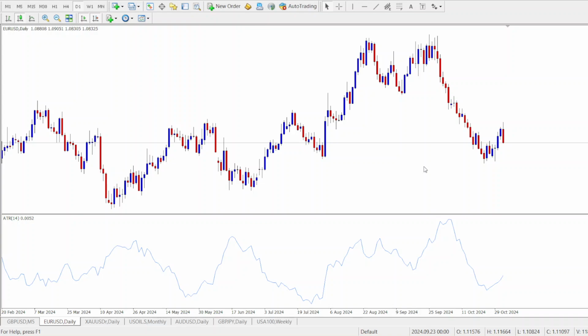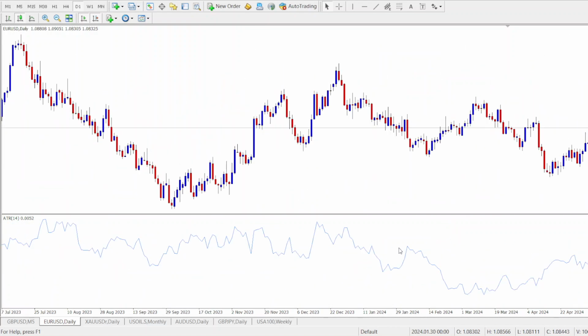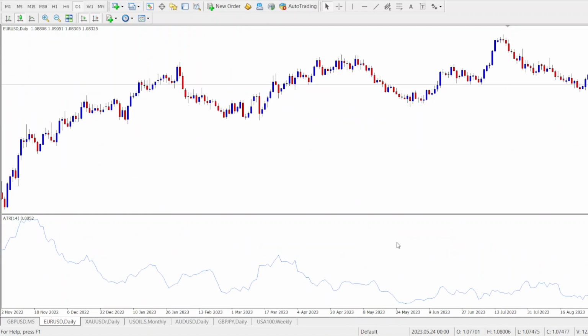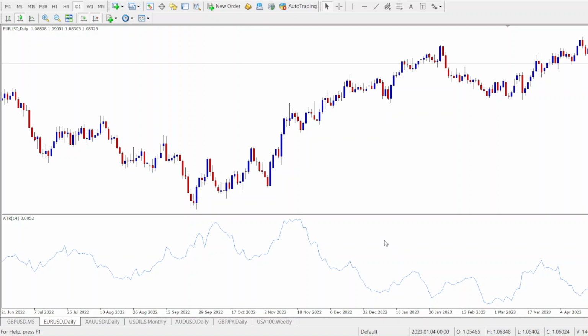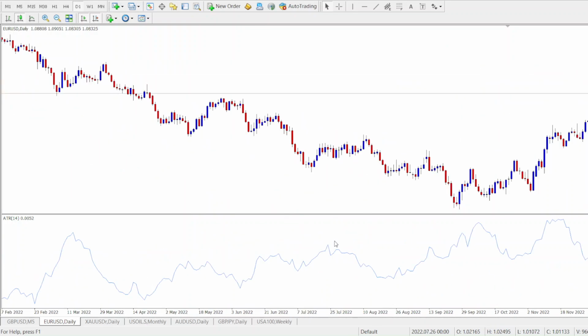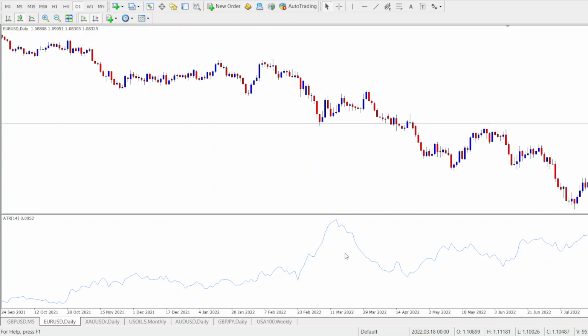Using ATR can help you set stop loss levels and plan your trades with more accuracy. Basically, you want to be looking out for how high this ATR indicator goes, to indicate the level of volatility.